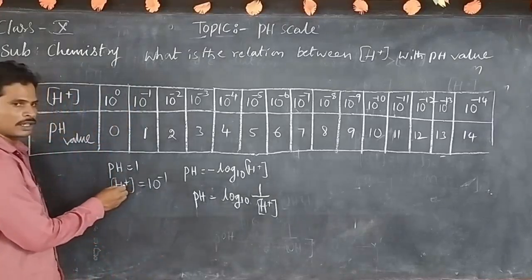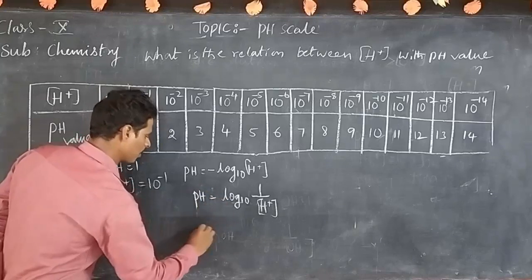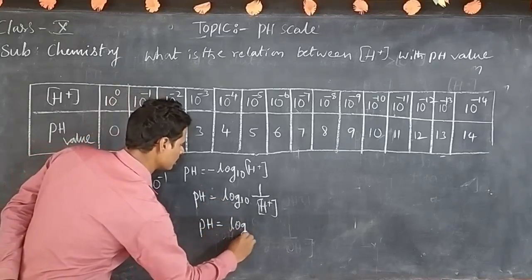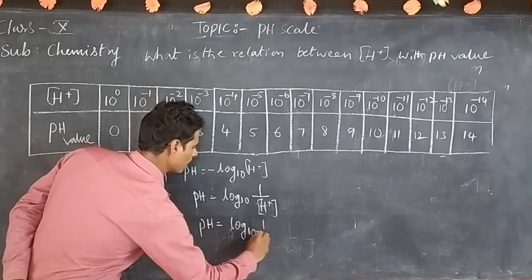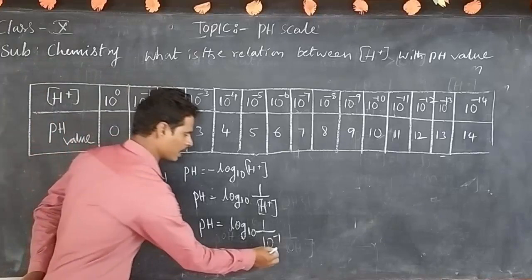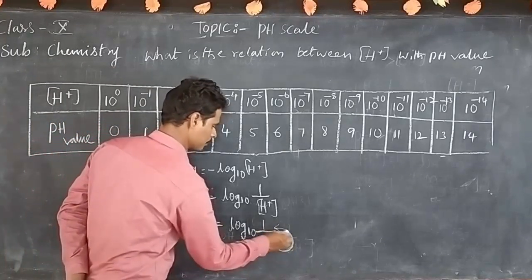Here how much is the H plus ion concentration? 10 to the power minus 1. Now applying the formula, pH equals log 10 of 1 by 10 to the power minus 1. When the power value is sent upside, then what happens? This is the formula we should write.